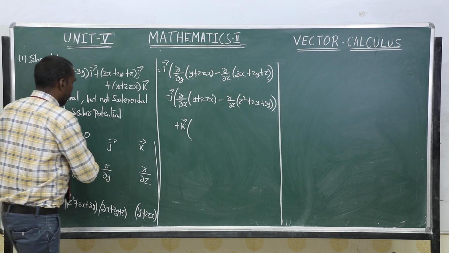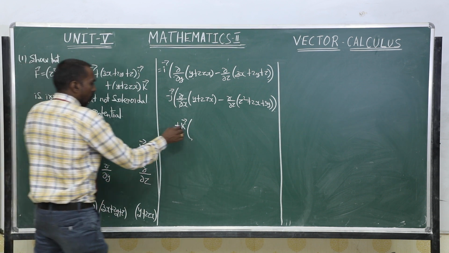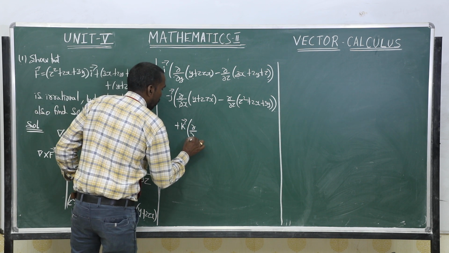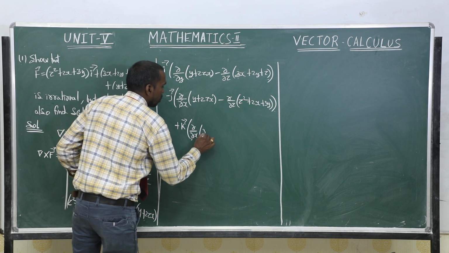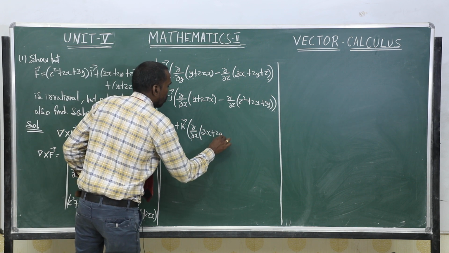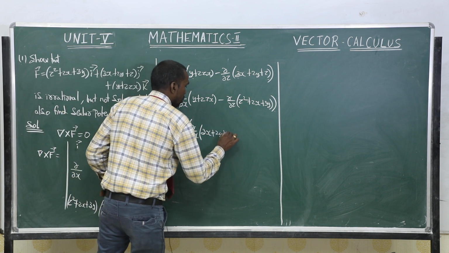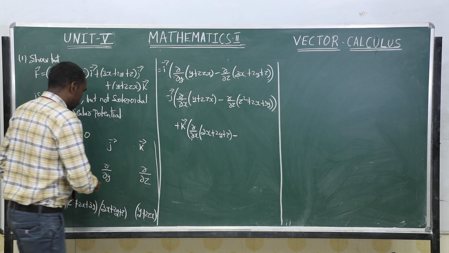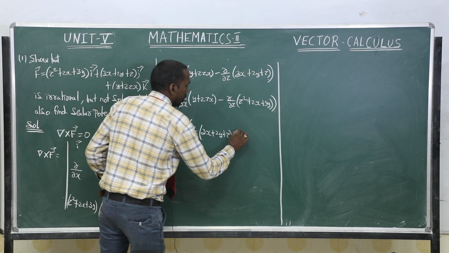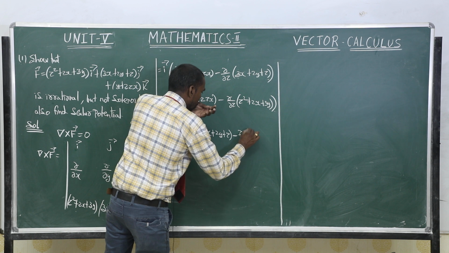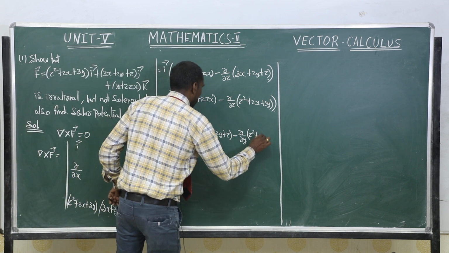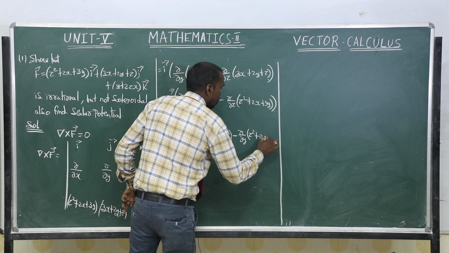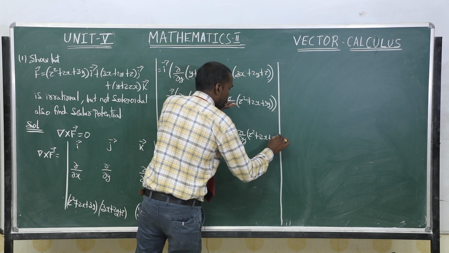So k vector into, leave out this row and this column: del by del x of 3x + 2y + z minus del by del y of z² + 2x + 3y.